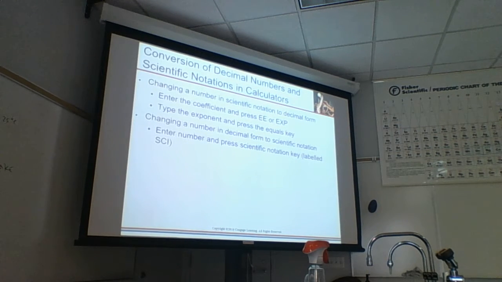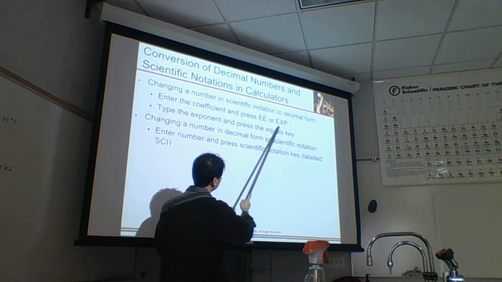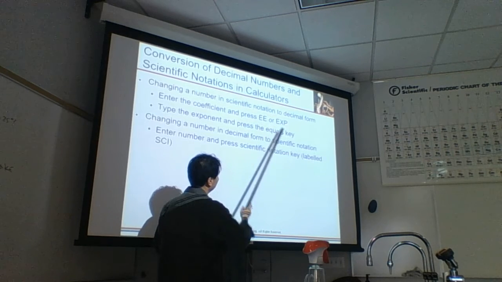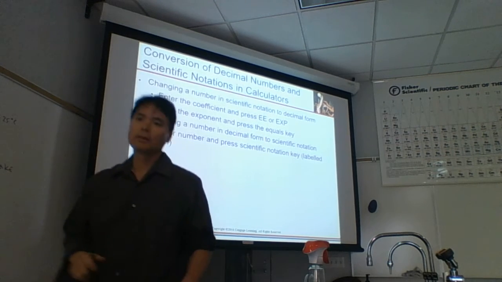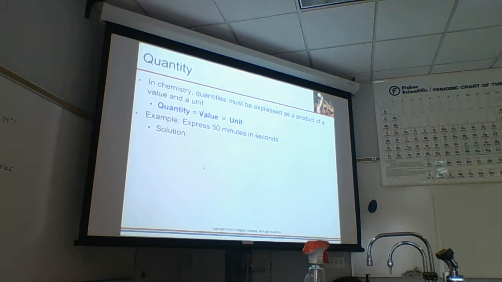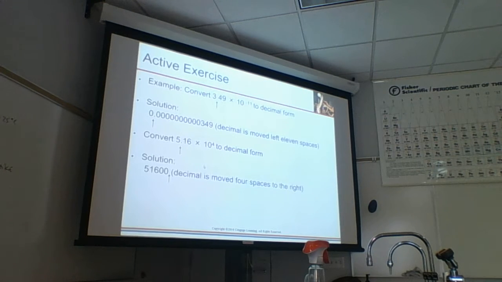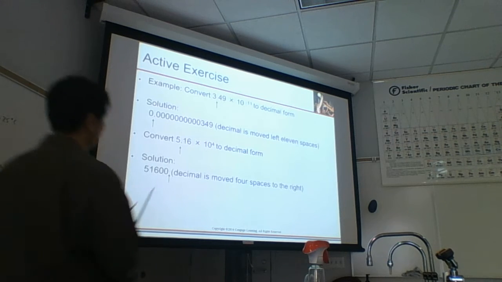All right. Then, how do you punch it into a calculator? We're going to use the EE or the EXP key for punching this into the calculator. Let's get some practice. How would you key this number into your calculator?